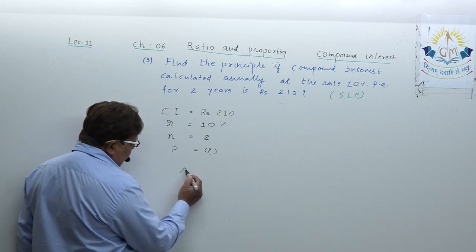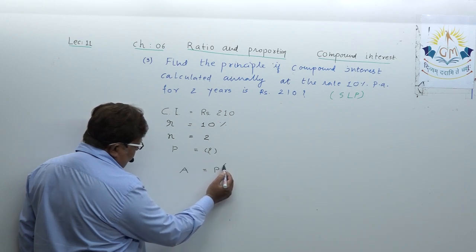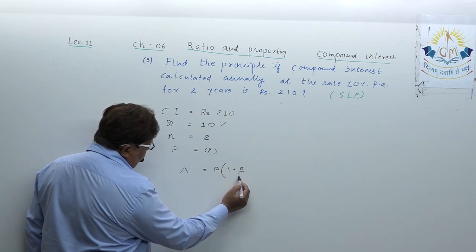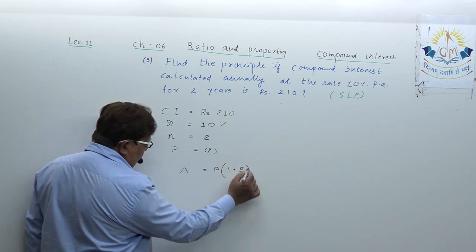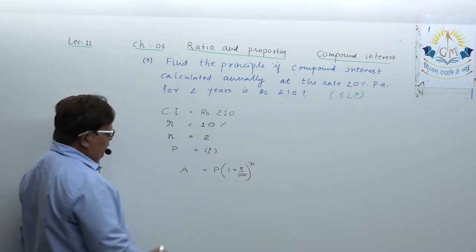The second step, writing the formula of amount. P as it is, (1 plus r upon 100) raised to n.